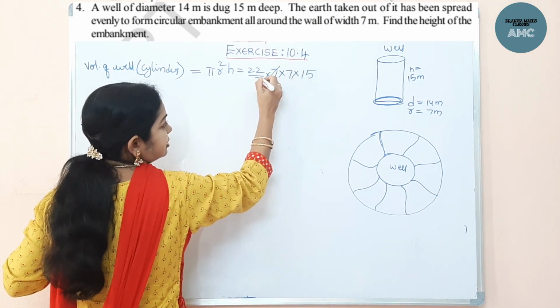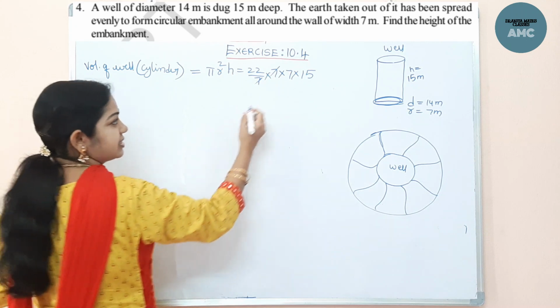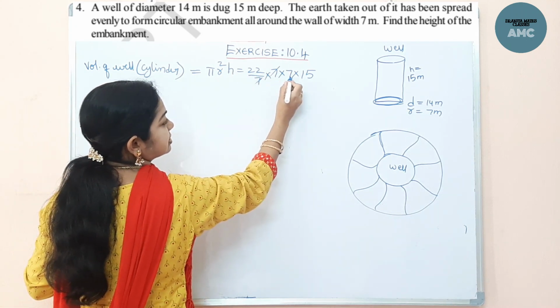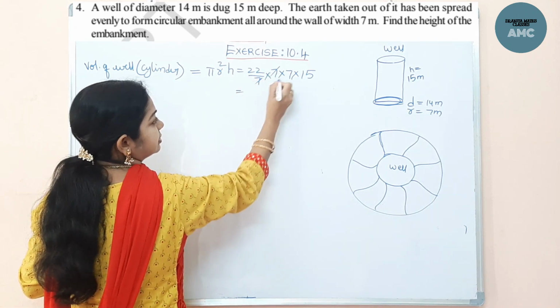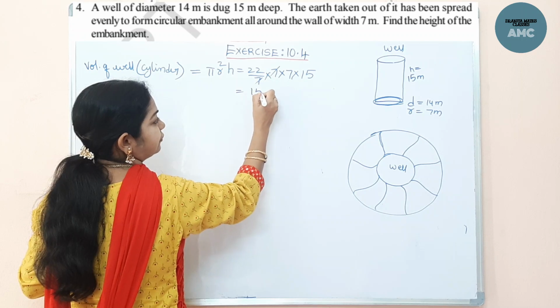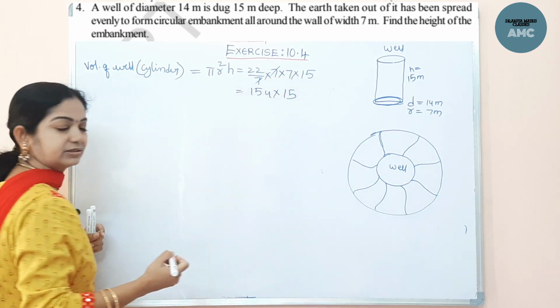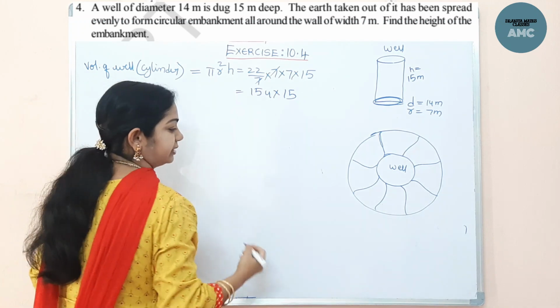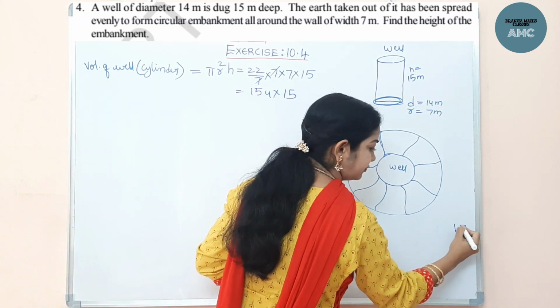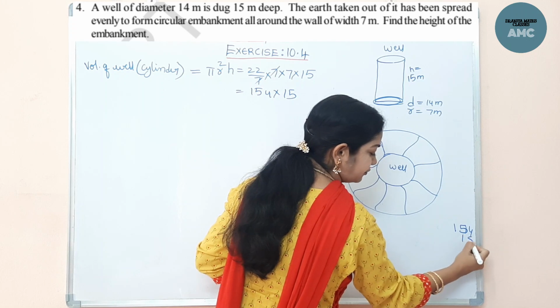So cancel off 1. Now this comes to 22 into 7, which is 154, into 15. Let us see 154 into 15.